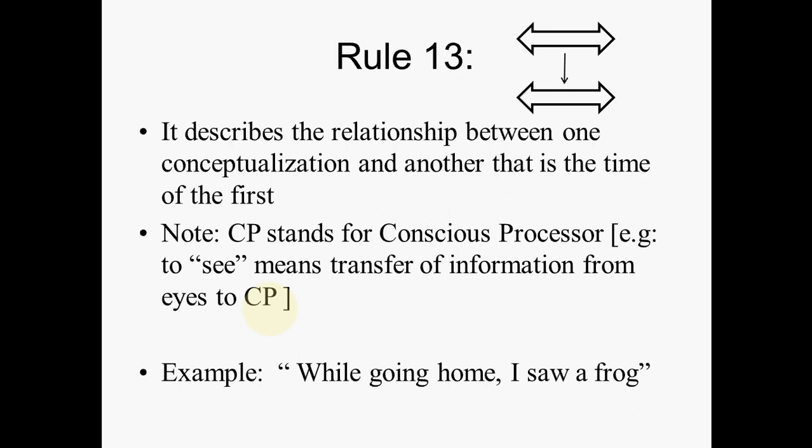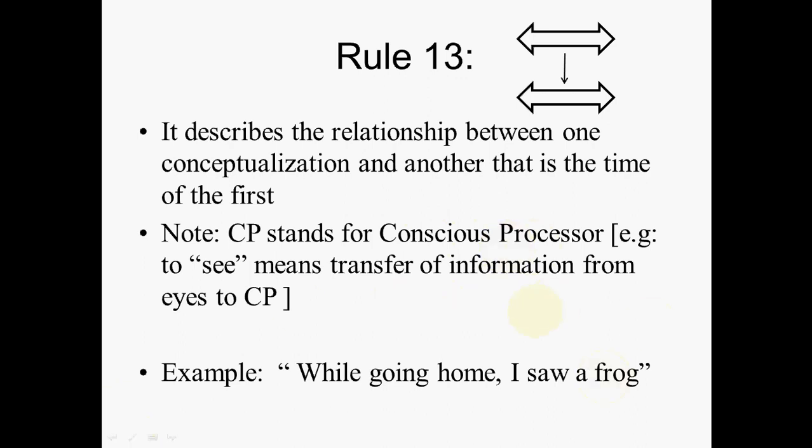Similarly, when I say I heard John's voice, the information gets transferred from my ear to my consciousness processor, where it gets registered, and that's how you come to know that this voice is John's voice. So theoretically we are going to just use CP, and remember CP is nothing but the consciousness processor, part of your brain.